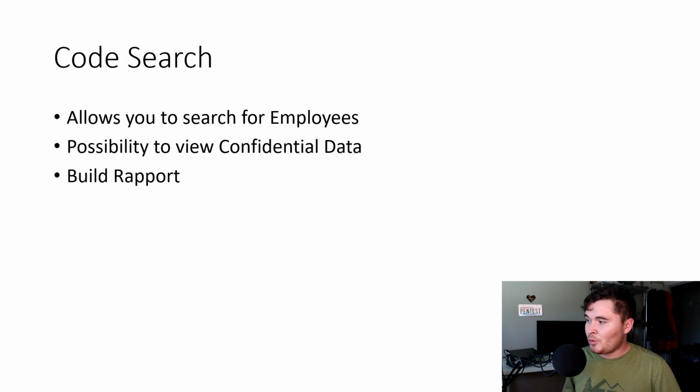Doing a code search will allow you to search for employees or students. You could possibly view confidential data. People really suck at security, and they might throw some things in there that they might have forgotten about. They might have forgotten that they left a comment in the code that has their password in it. You can also build a rapport.